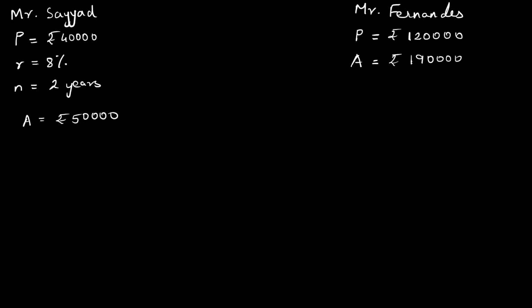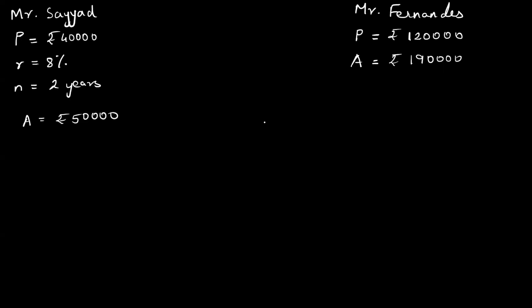By looking at this, can you tell me which is more profitable? Mr. Fernandez? It's not easy to say because Mr. Sayed is putting less money, so he's obviously going to get less money out. Mr. Fernandez is putting more money, so he'll obviously get more money out. Correct. So by looking at this only, it is not possible to say which is more profitable.